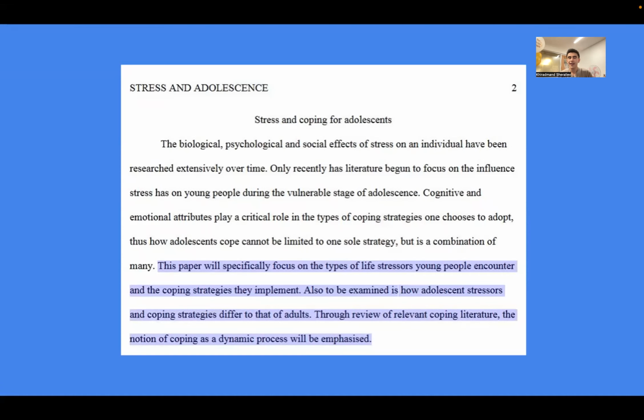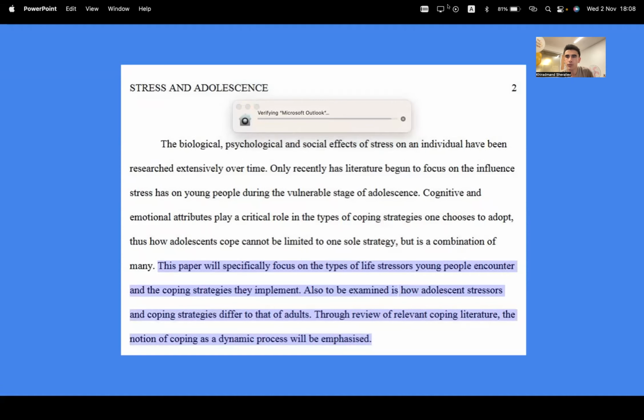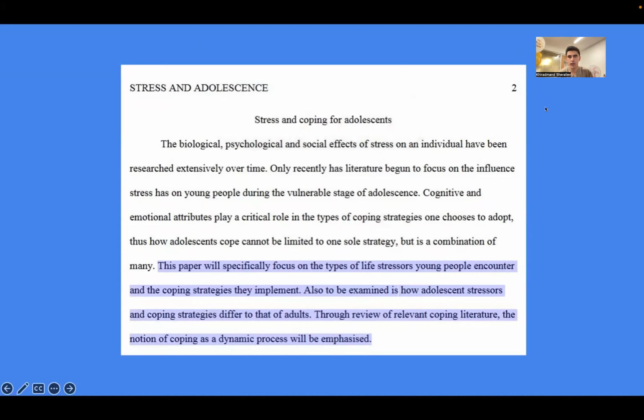Okay, who can make a guess? What is this part about? What is the author trying to put here? Anyone can make a guess?